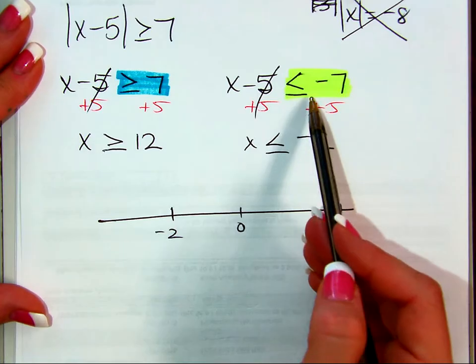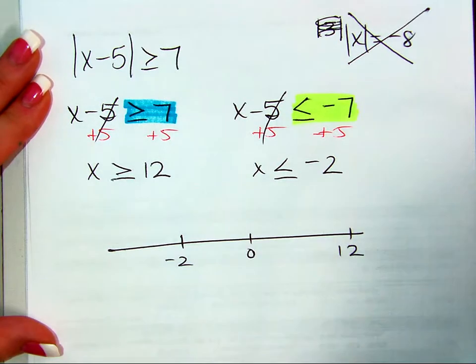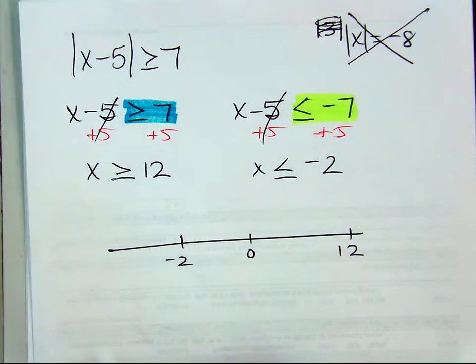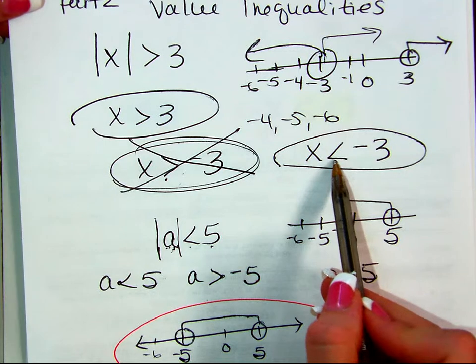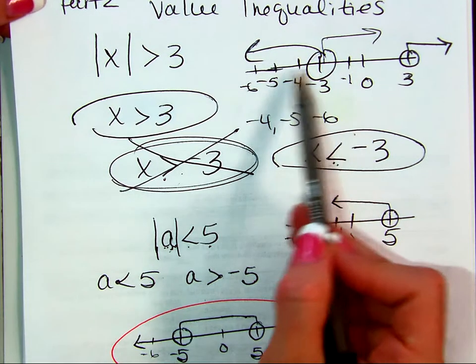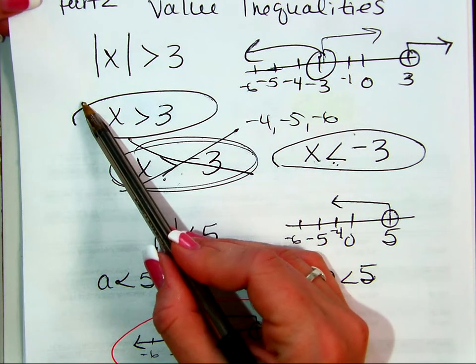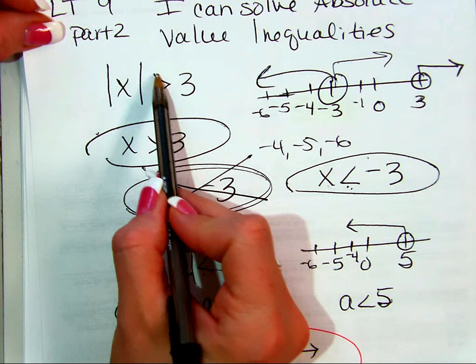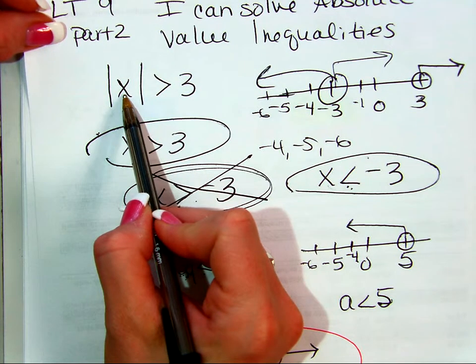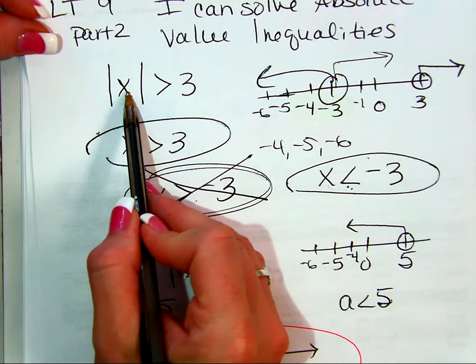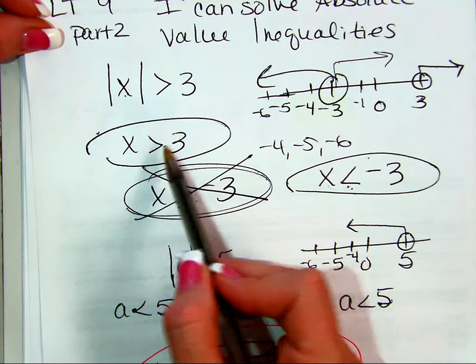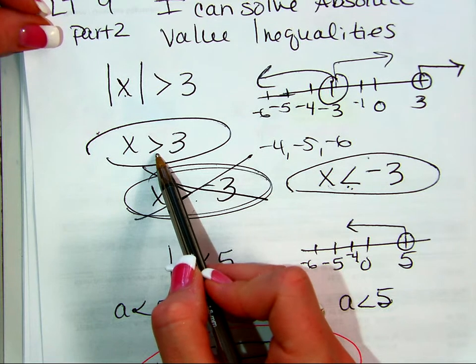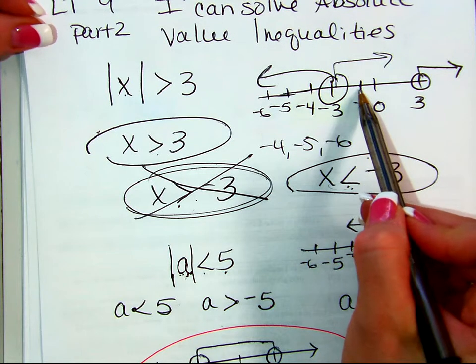Yeah, because when we go back to our very first thing here, the sign has to be flipped. Otherwise, it's not going to be true and fit that inequality. So if I say x could be greater than 3, it's 4, 5, and 6, which works. But I can't just say x is greater than negative 3 because negative 2 is greater than negative 3, but it doesn't work.